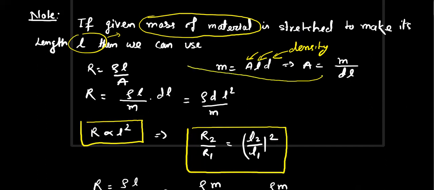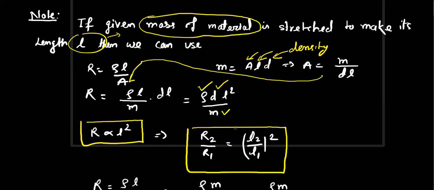On using this value here, we get this kind of expression where rho is constant for a given wire, density is constant, and mass is already constant. That's why we can get this conclusion: resistance is directly proportional to L square.